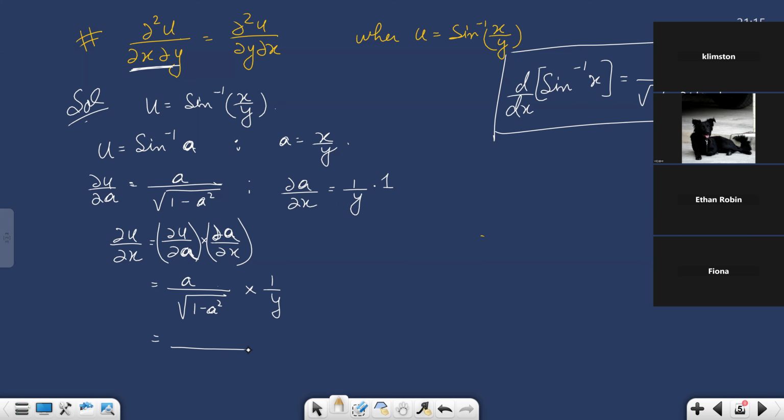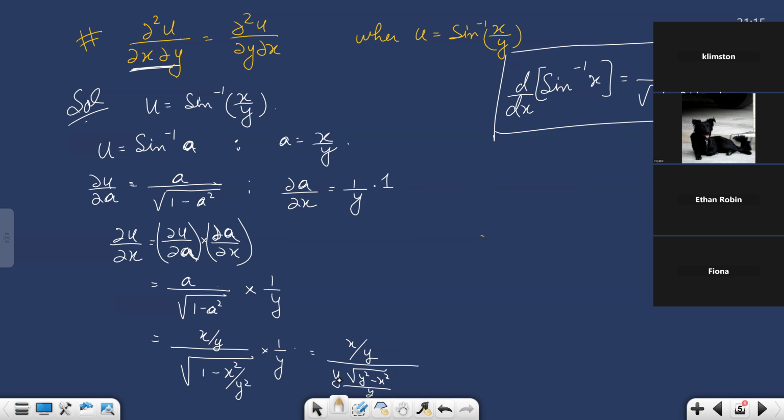So what is my a then? a is equal to, क्या माना था हमने? x by y, and this is under root of 1 minus x square by y square into 1 by y. थोड़ा एलसीएम लेंगे तो 1 divided by, ये अंडर रूट के अंदर में है, so under root of y square minus x square divided by y, और इधर में एक y है.